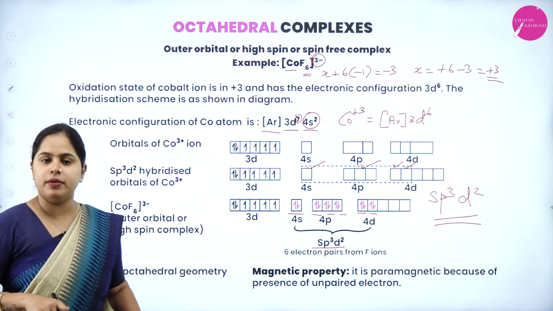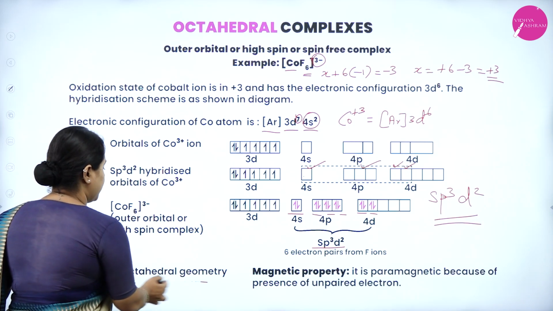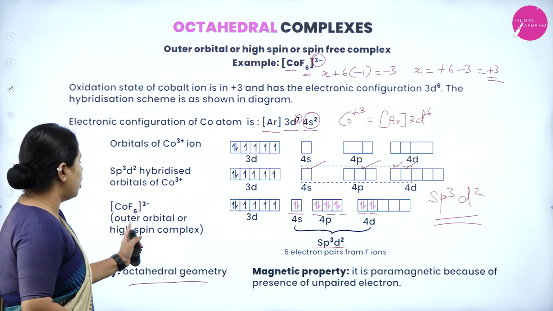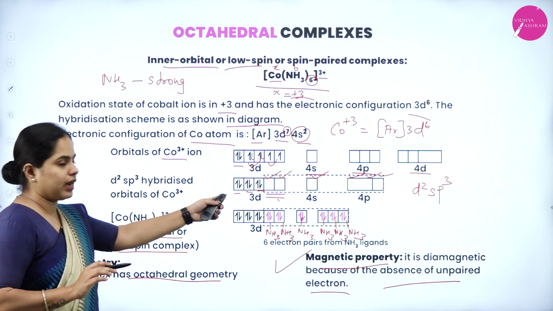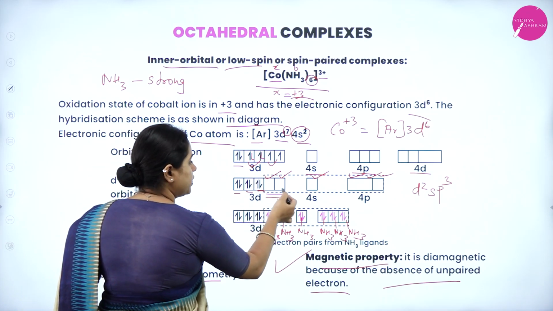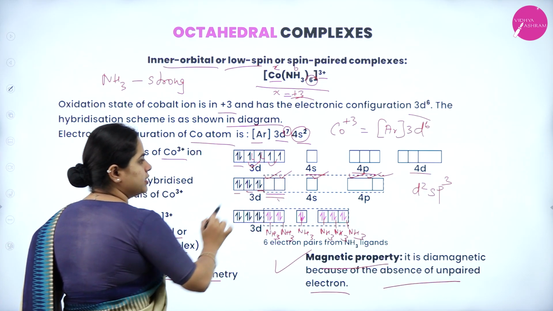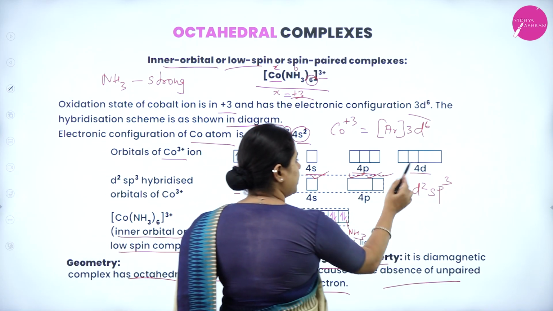Now coming to the geometry, we have already discussed that if it is sp3d2 or d2sp3, it is octahedral geometry itself. Now, whether it is an inner orbital or outer orbital complex. In the previous case, we classified it as an inner orbital complex because we considered the 2 d orbitals from the inner d itself, which is 3d. This is your outer d, that is 4d.